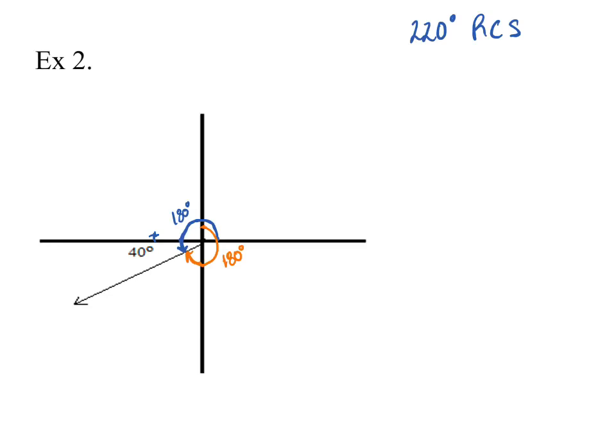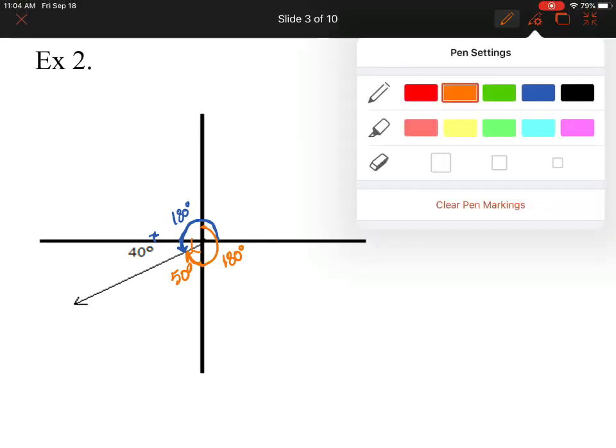Well, we know this is a 90-degree angle, so 90 minus 40 is 50 degrees. And 180 plus 50 is going to give us 230. So my bearing is 230 degrees.